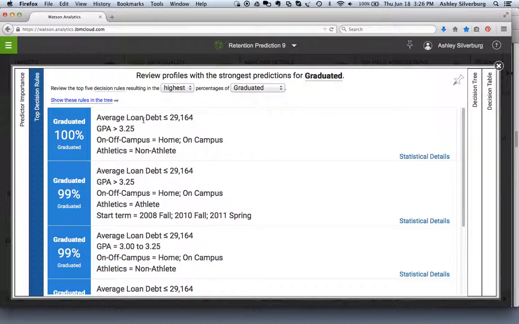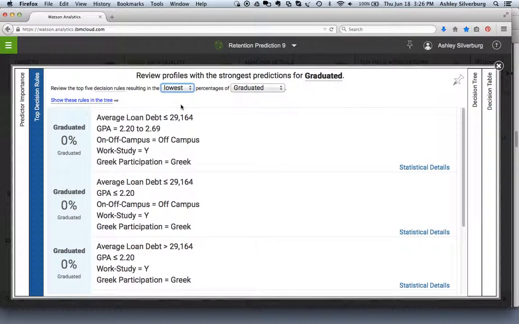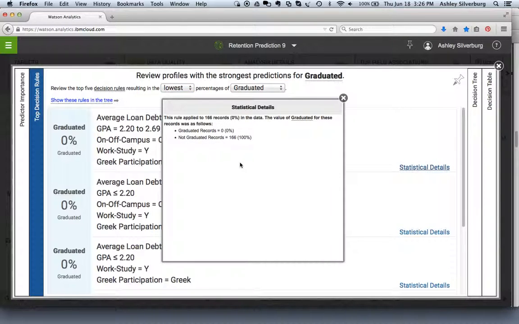For example, this combination of loan debt, GPA, on and off campus, and athletics, 100% of those students with that combination of attributes graduated. I can also choose to look at the lowest percentages. So here, students with these particular combinations had none of them graduated. And then statistical details will tell me how many students make up those combinations.